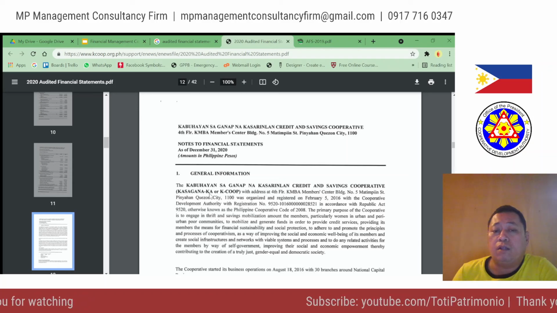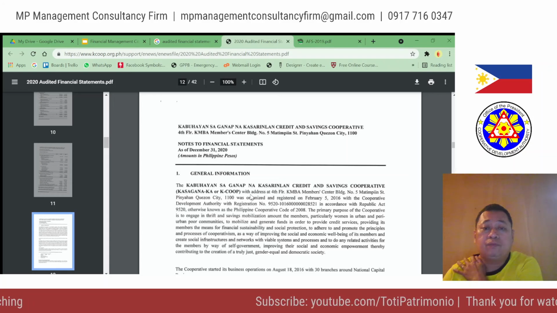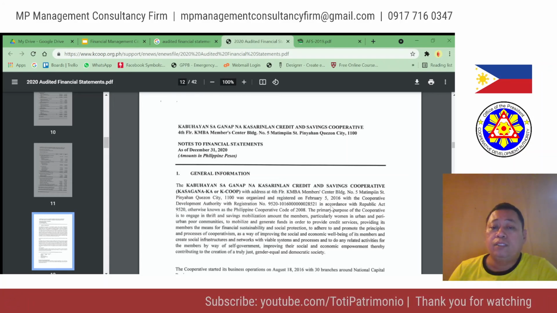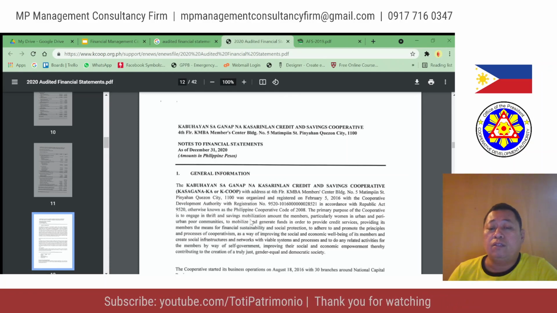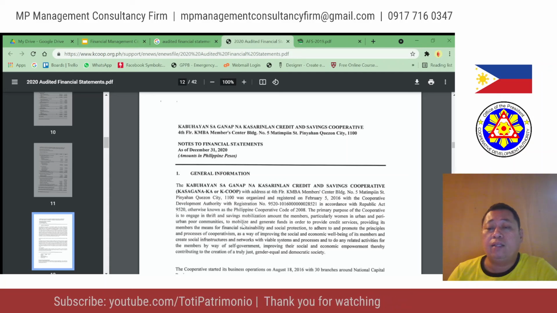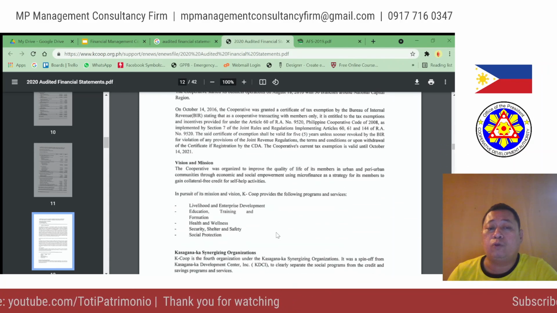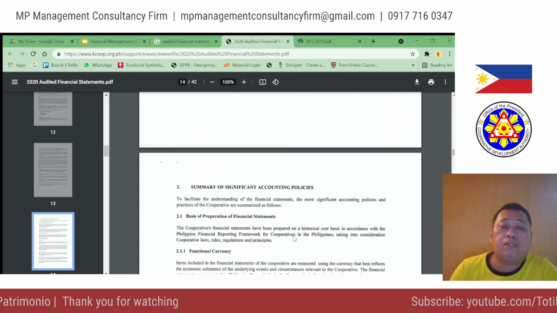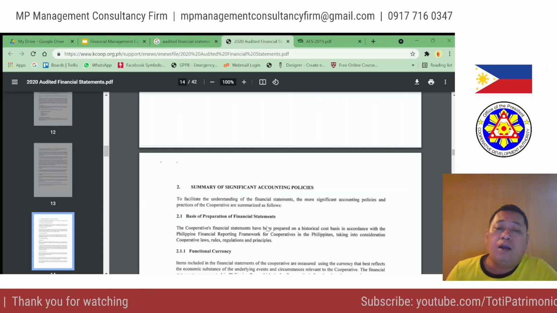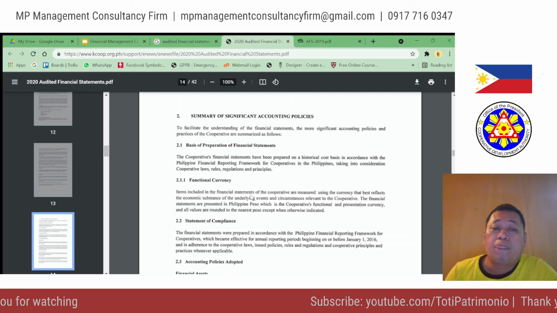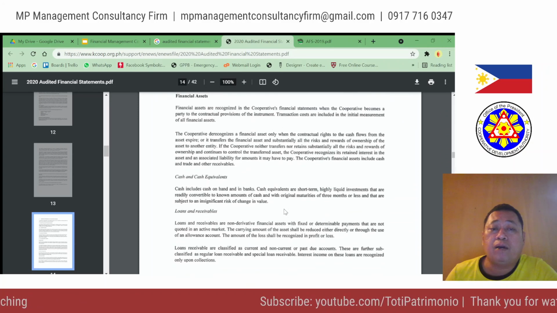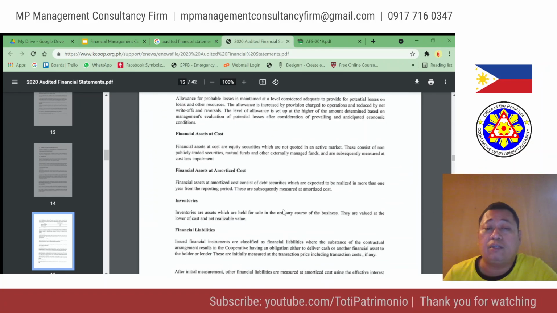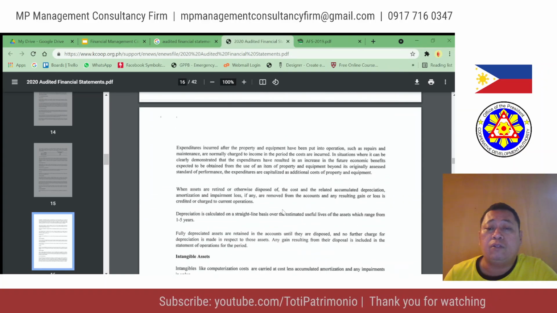Normally note number 1 discusses the name of the co-op, the address, the CDA authority, and other statutory government registrations that are vital to the operation and legality of the cooperative. Then note 2 normally presents the summary of significant accounting policies, how the financial statement figures are arrived at, including the important accounting policies adopted and implemented in the presentation of the audited financial statements, as well as the presentation and recognition in the books of the cooperative.